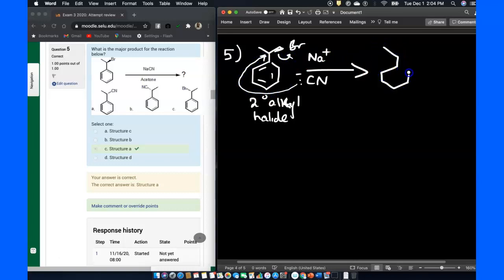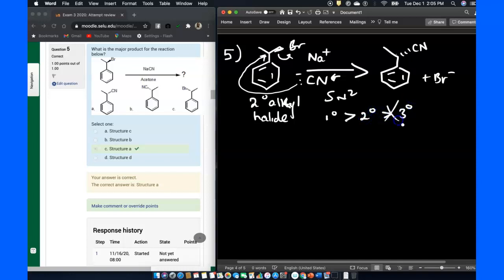So the answer will look like this, which obviously is choice A. Br falls off. I know that because this is SN2, because this is a nucleophile only, it's a strong nucleophile, and this is a secondary alkyl halide. SN2 can work with primary and secondary alkyl halides.